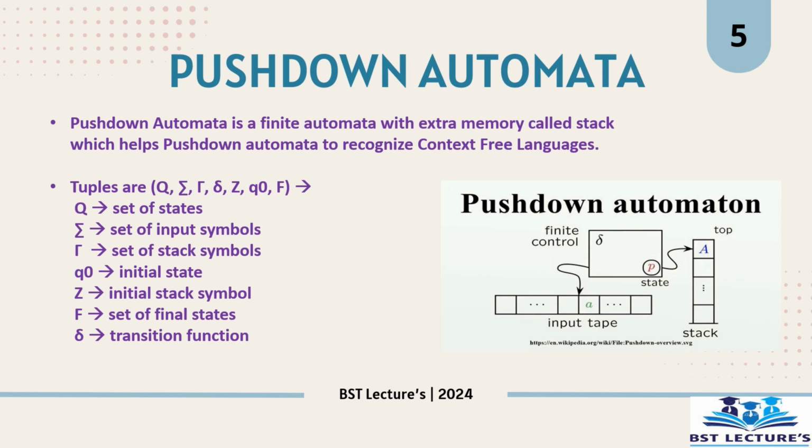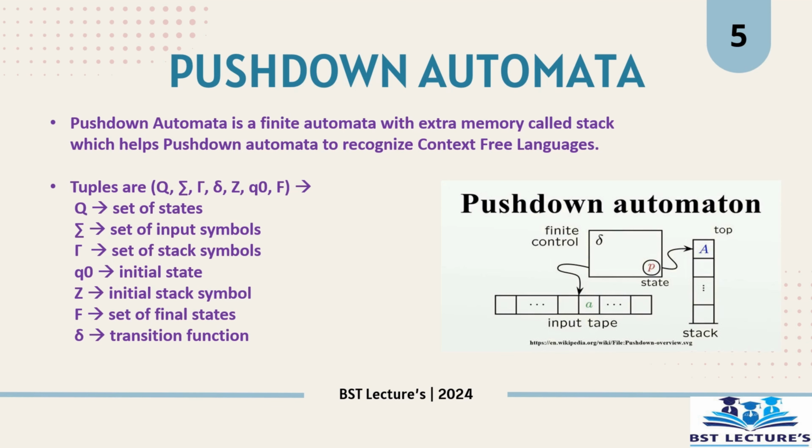In the finite automata, we have only 5 tuple notations, whereas in the pushdown, we have 7 tuple notations. Why? Because we have the stack. So for the set of stack symbols and the initial stack symbol, we use 2 extra tuple notations.